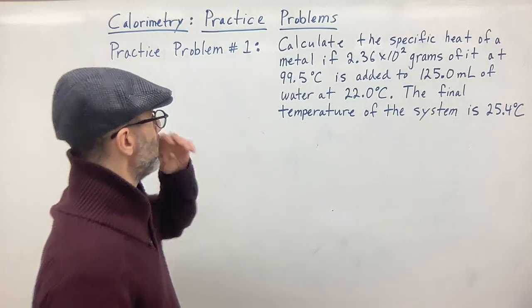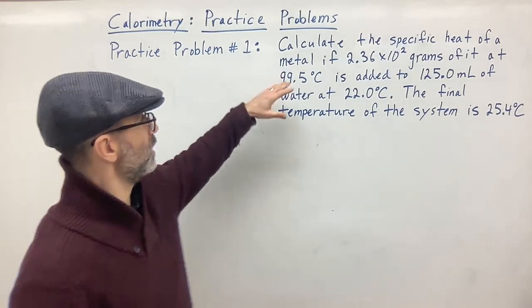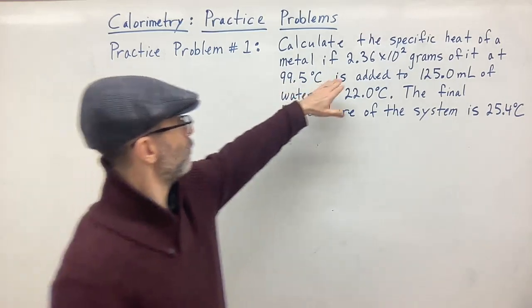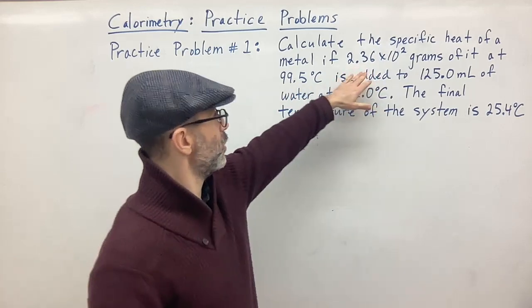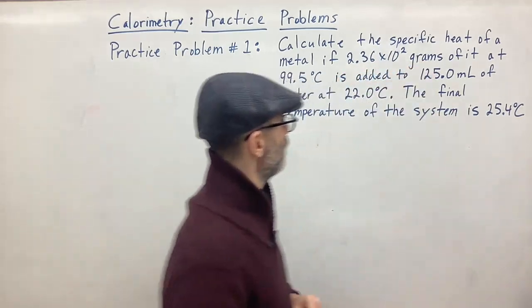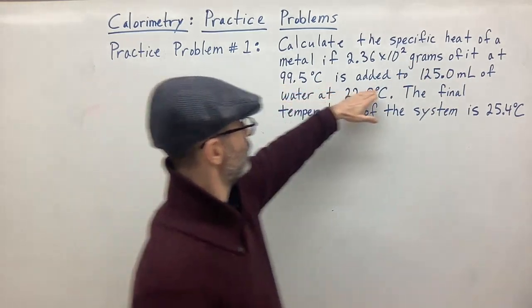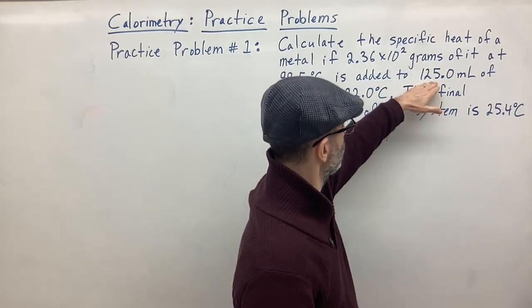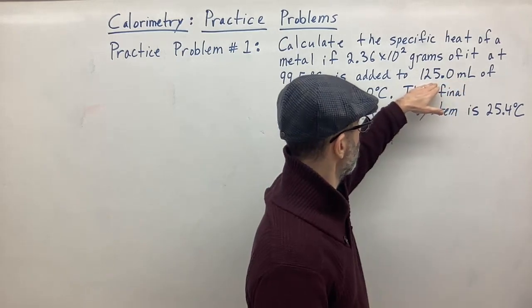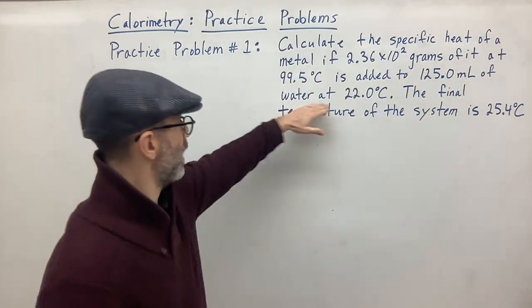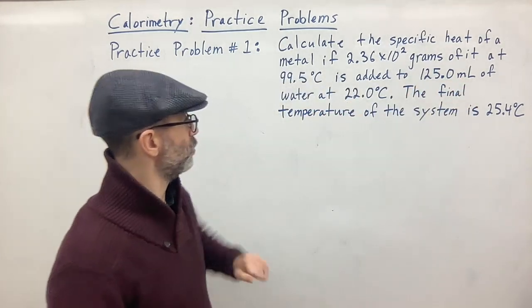So problem number one is: calculate the specific heat of a metal if 2.36 times 10 to the 2 grams of that metal at 99.5 degrees Celsius is added to 125.0 milliliters of water at 22.0 degrees Celsius.